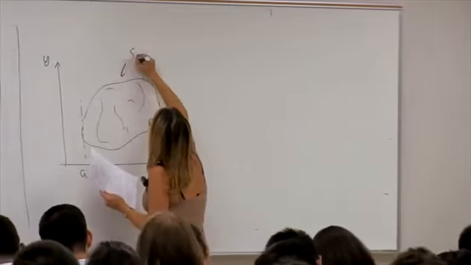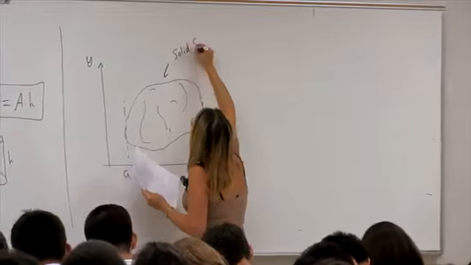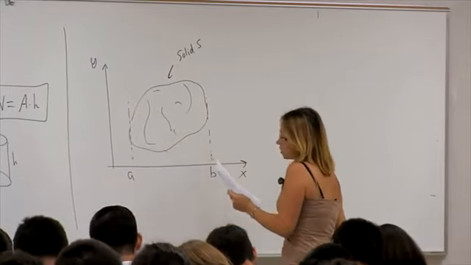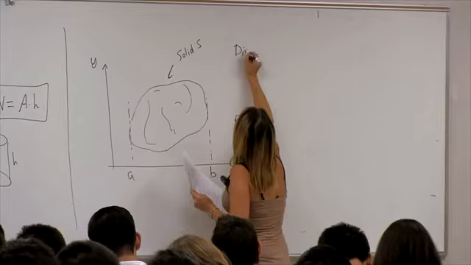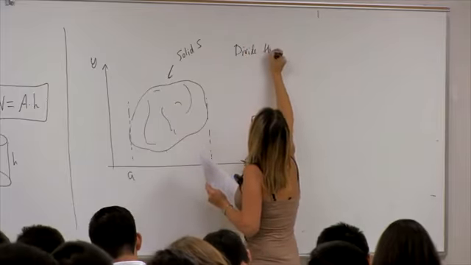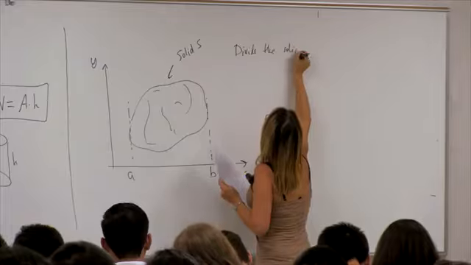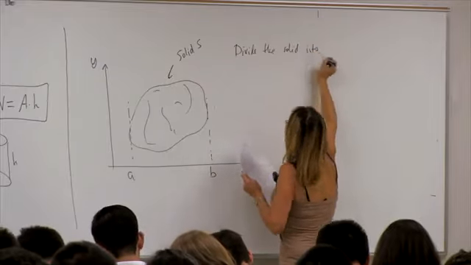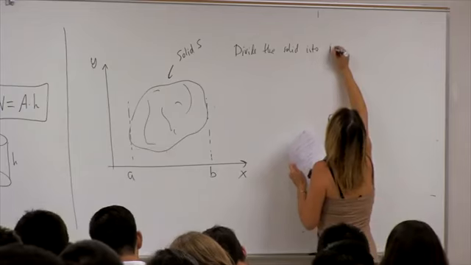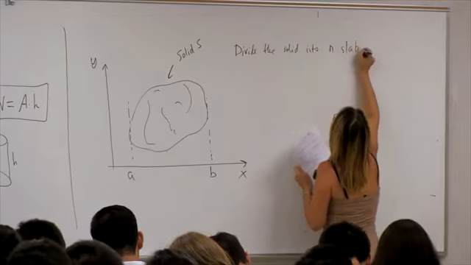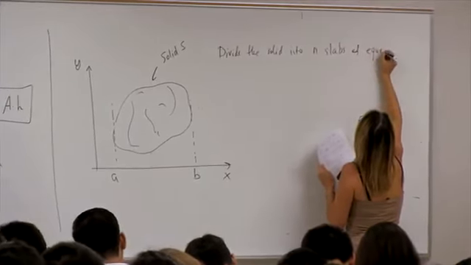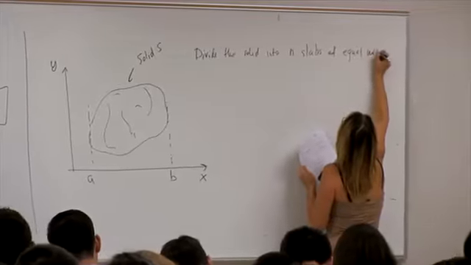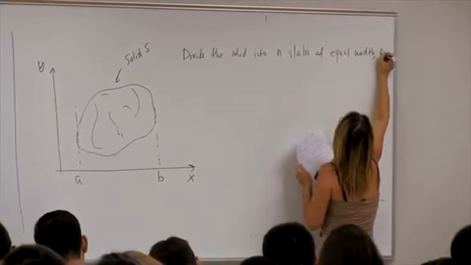So this is solid S. I'm going to divide the solid into n slabs of equal width delta x.